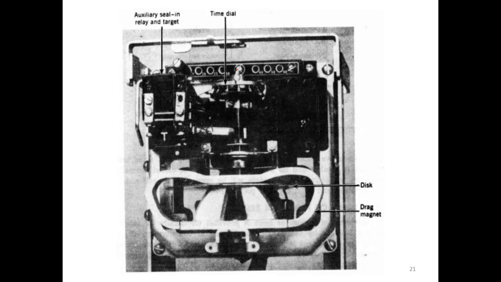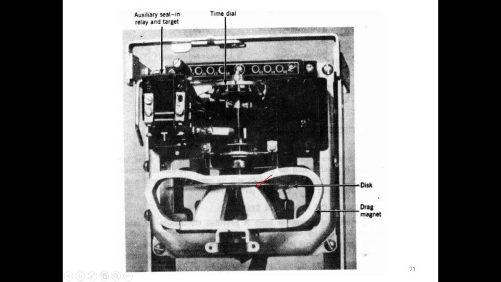Here we have the time dial, where we can set the time delay. Then we have the aluminum disc here, this is the aluminum disc, and this is the time dial setting, and there are certain auxiliary coils.